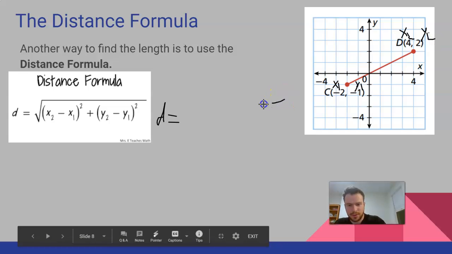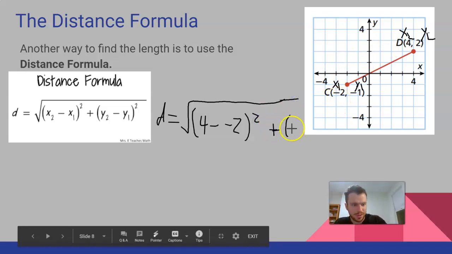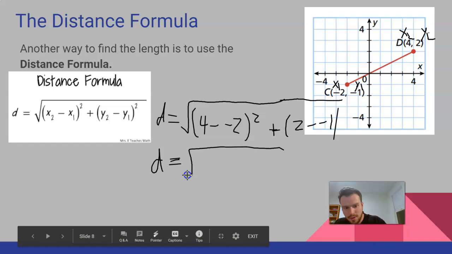Alright, so the distance is the square root of x2, which is 4, minus negative 2 squared, plus y2, which is 2, minus negative 1. So we get the distance equals 4 minus negative 2, which is 6 squared, plus 2 minus negative 1 is 3.